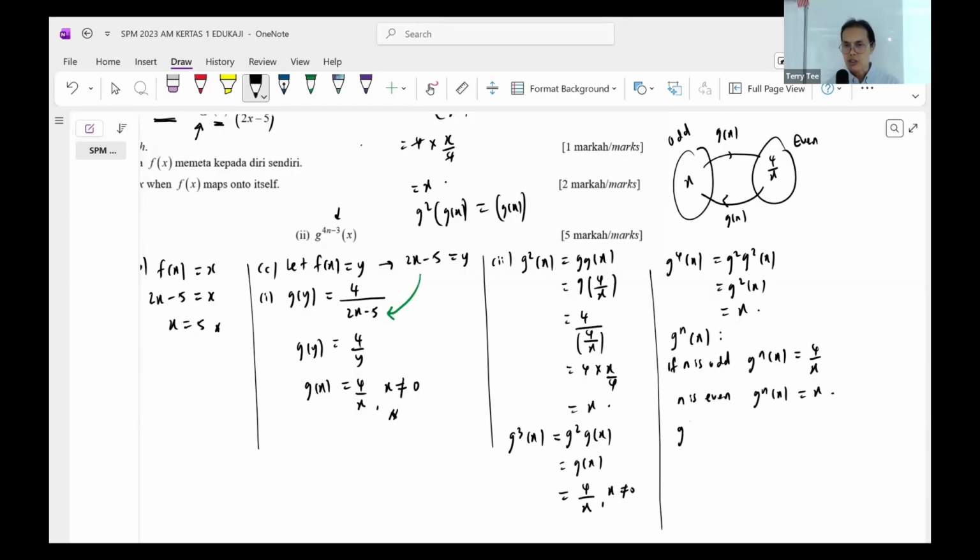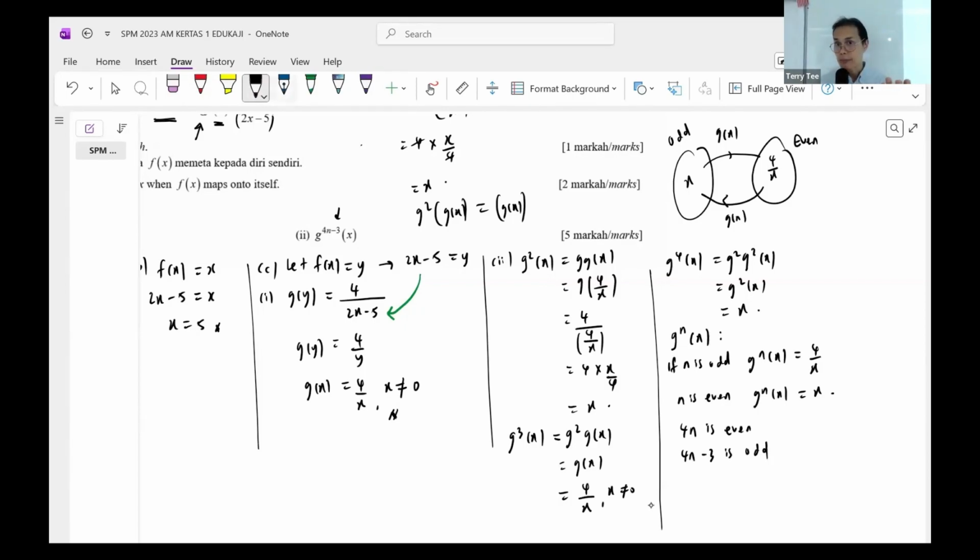Now I want to ask you a question. Is g4n x odd or even? 4n itself is even. Like n is 1, 1 times 4 is even. 2 times 4 is even. 3 times 4 is even. They're all even numbers. But 4n minus 3 is going to be odd, right?